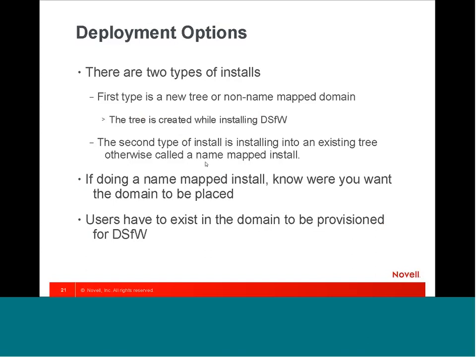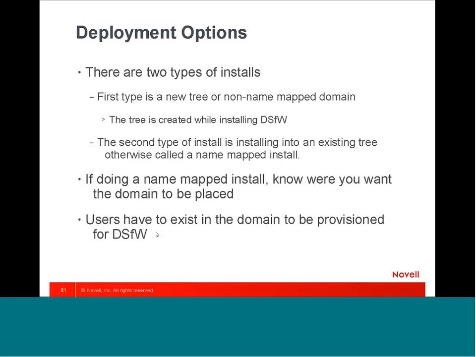If you're doing a name mapped install, the biggest thing that I see is the placement of the domain. Some people will create a new container and then set the domain at that container. The key to that, though, is that the users have to exist in the domain in order to be provisioned for DSFW, in order to appear as AD users.